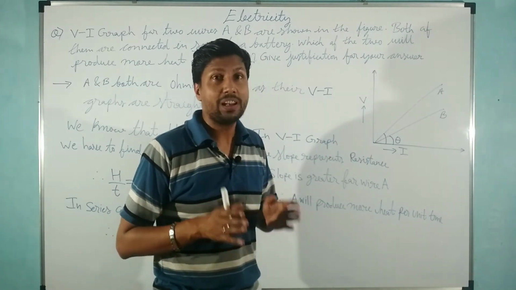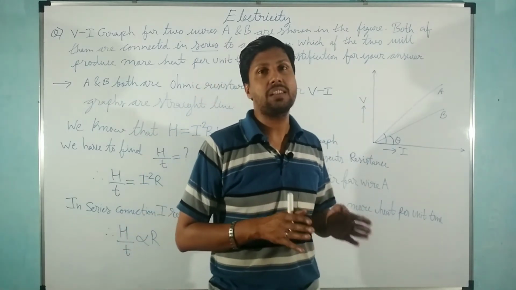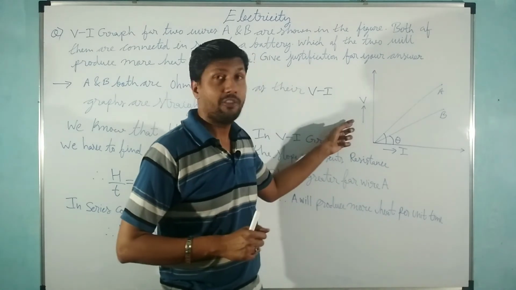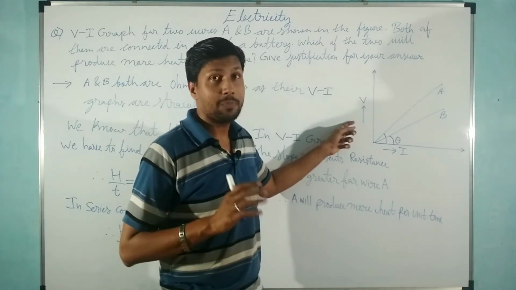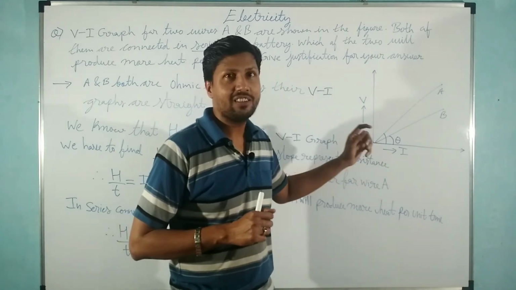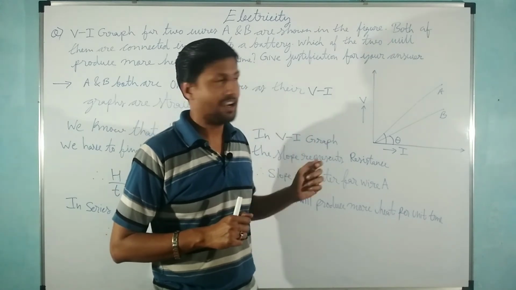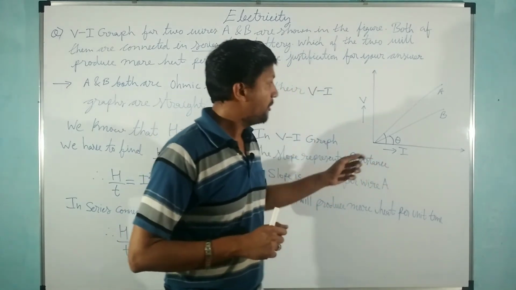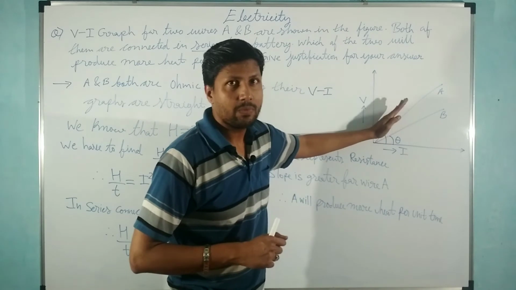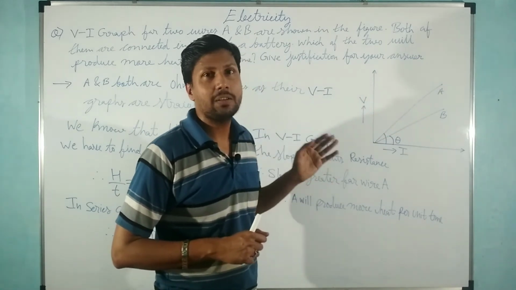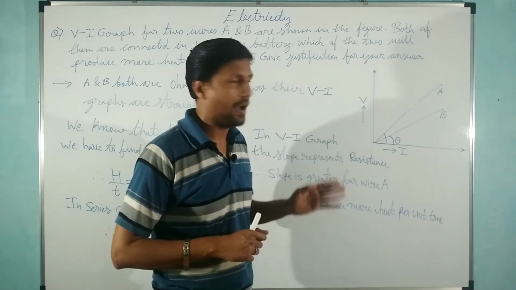The slope represents the resistance in case of the potential difference and current graph, that is the VI graph. More will be this angle, more will be the resistance of that wire.